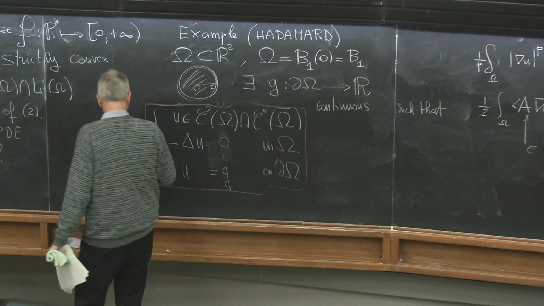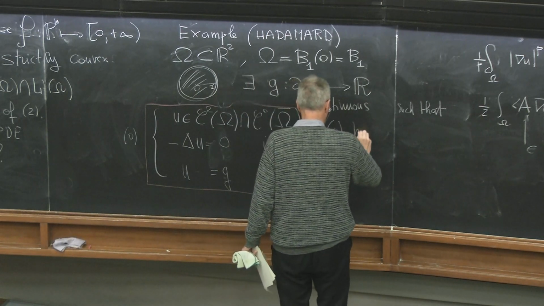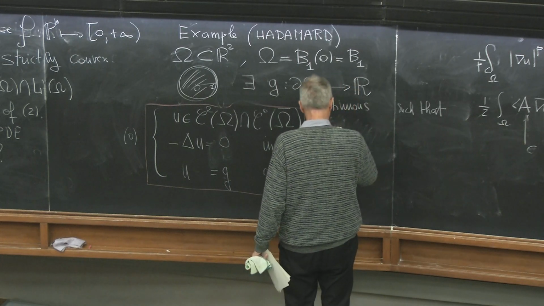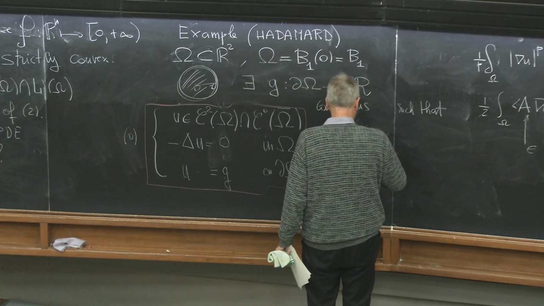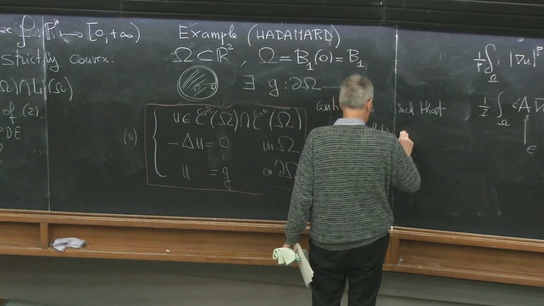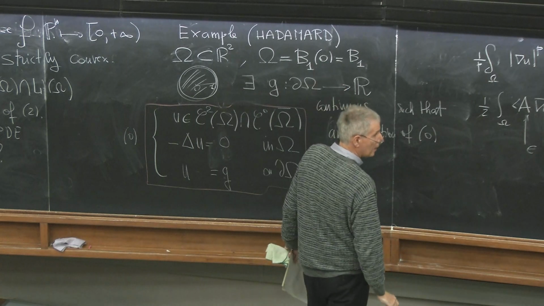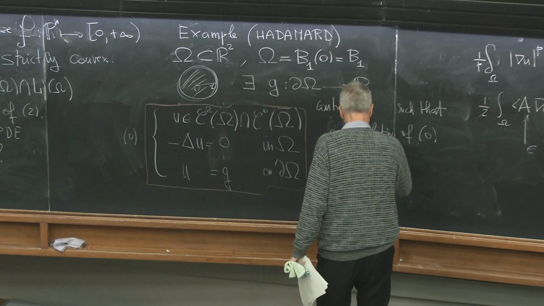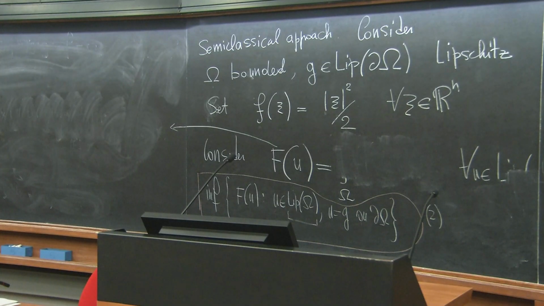This was, I think, 0. 0 has a solution. Any solution of 0. We don't have uniqueness for the moment, but actually, any solution u of 0 has f of u equal plus infinity.